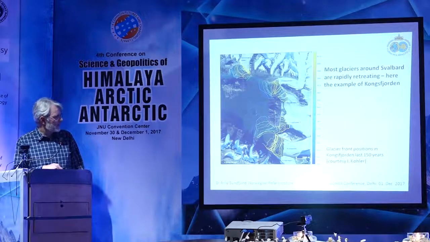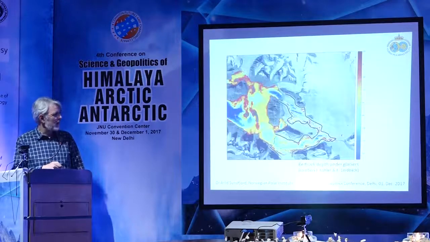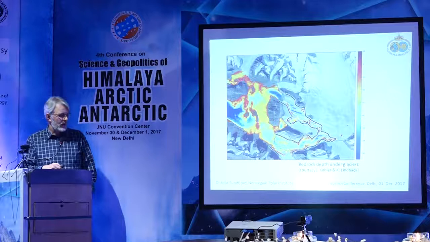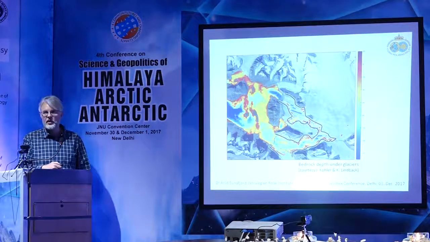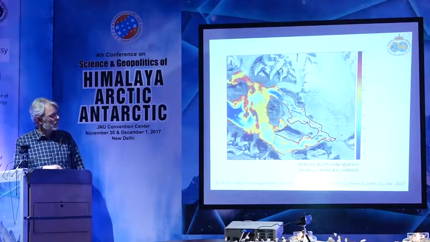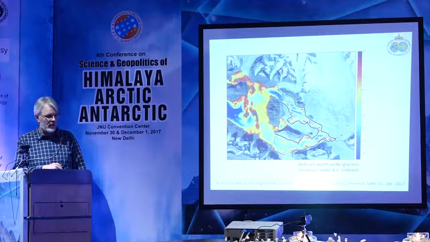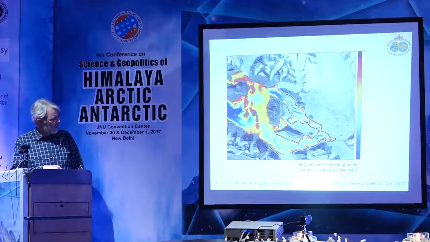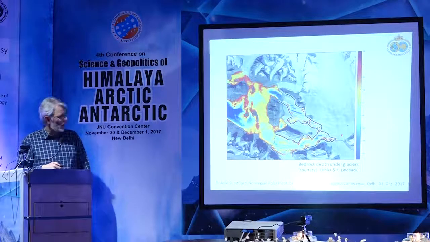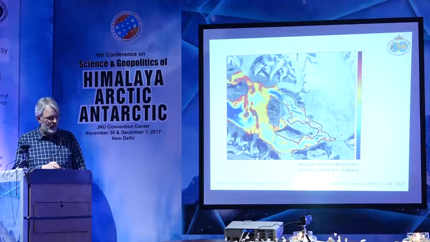That's how it looks for most of the area. Now we've had a couple of years of campaigns with helicopter-borne radar. So we look at the thickness of the glaciers and what is below the glaciers. So this is where the glacier front was in 2015 or so. And by doing these radar measurements, we can actually look at where the glacier will be when it retreats further.